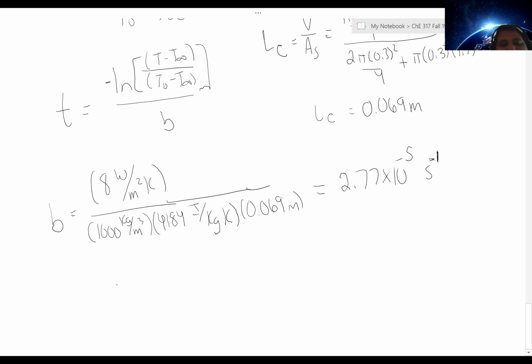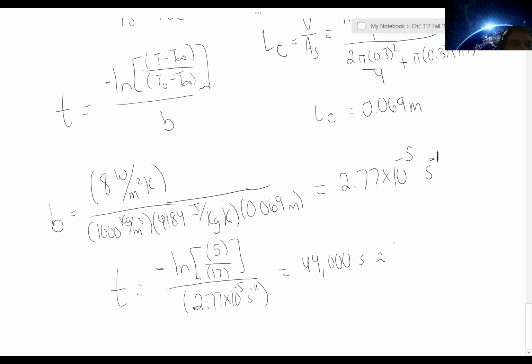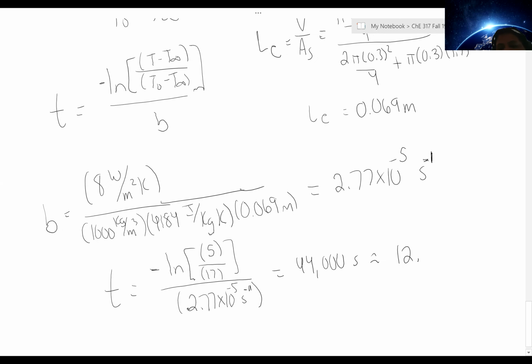Then, with that, we can solve for time as the negative natural log of (T minus T infinity), or 25 minus 20, or 5, divided by (T naught minus T infinity), or 37 minus 20, which is 17, divided by 2.77 times 10 to the minus 5 inverse seconds, which gives us a value of approximately 44,000 seconds, which works out to 12.3 hours.